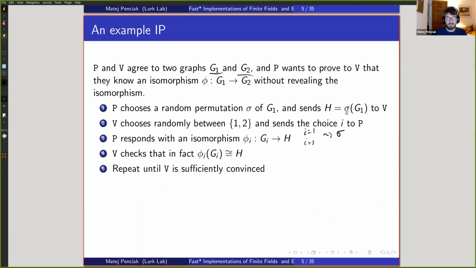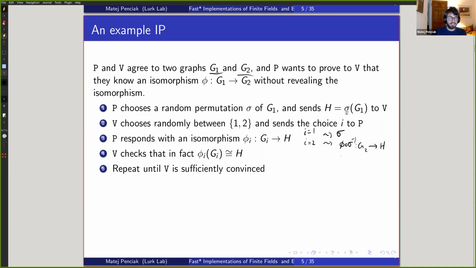Whereas if the verifier chose i equal to 2, then the prover would send something like sigma composed with phi inverse, so that you go from G2 to H. No, sorry, I think it's sigma inverse or something like that. I don't know. It's not super important.